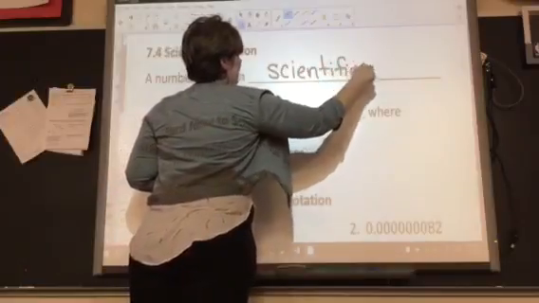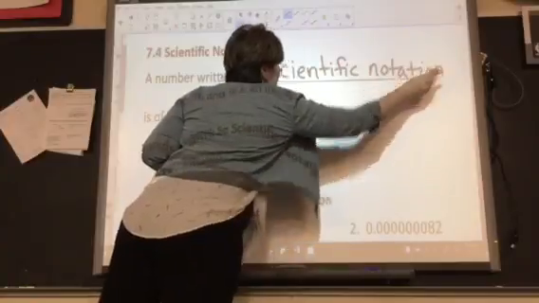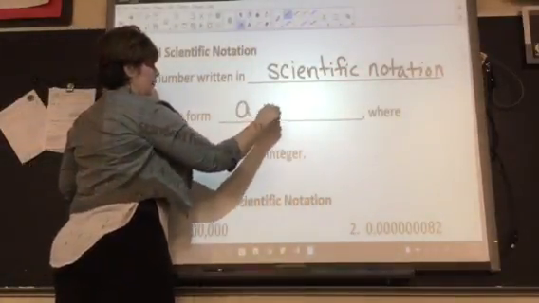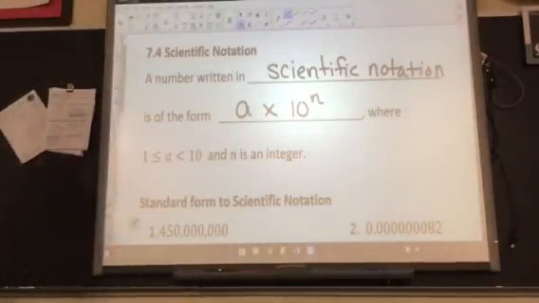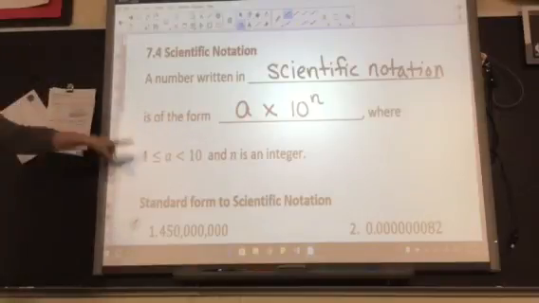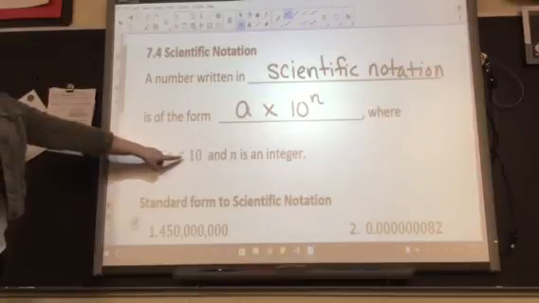Scientific notation is in this form, A times 10 to the n power, where A has to be bigger than 1, but less than 10.